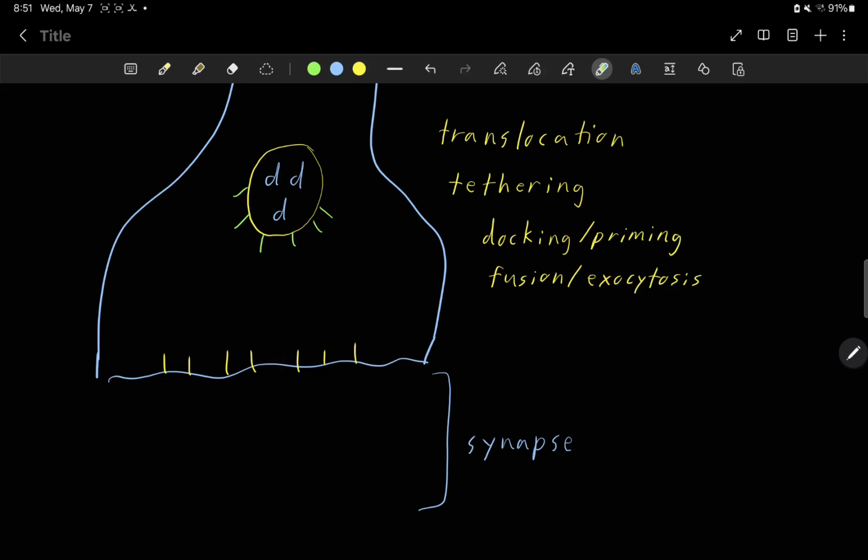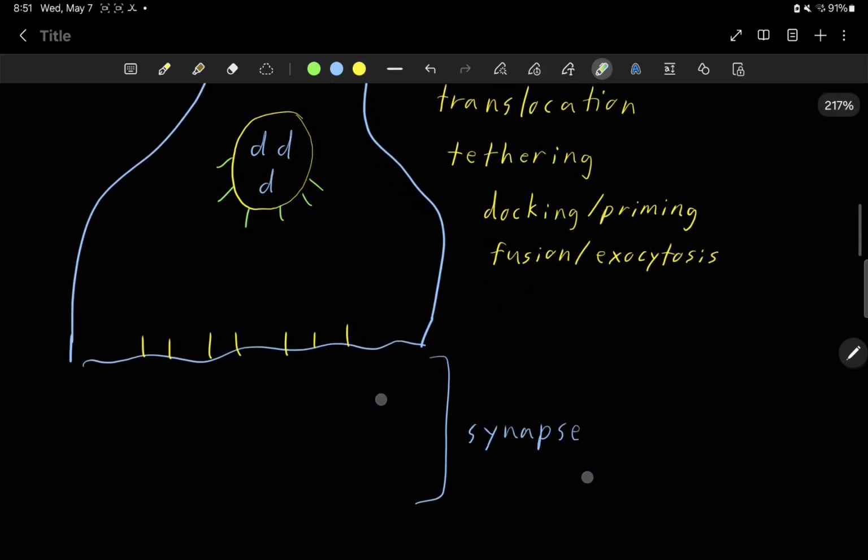So the way release works is via these 4 steps. They have to happen one after another. And as you can see, I've drawn little proteins here and here. So over here you have proteins that are attached to the vesicle's membrane, and these proteins are called V-snares or vamp proteins, attached to the membrane of your vesicle.